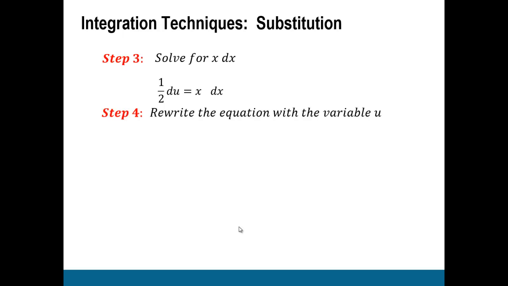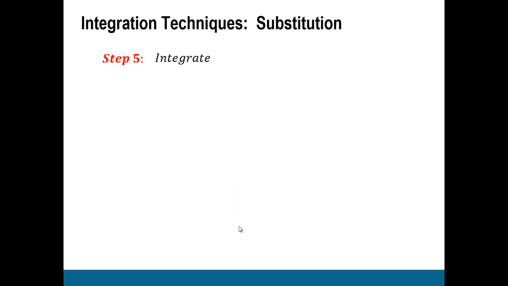This will allow us to rewrite the equation with the u variable. Recall that we substituted u for x squared, and we solved 1/2 du is equal to x dx. Therefore, we can rewrite our equation to variable u as 1/2 e to the u du. Next, we'll integrate.